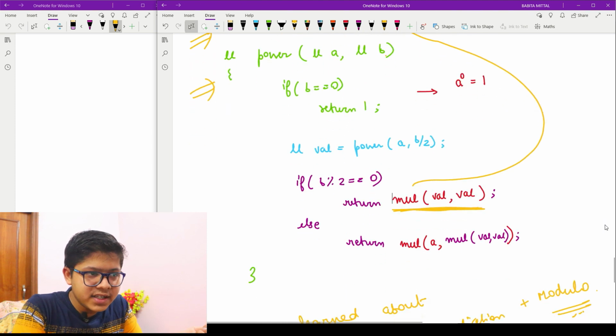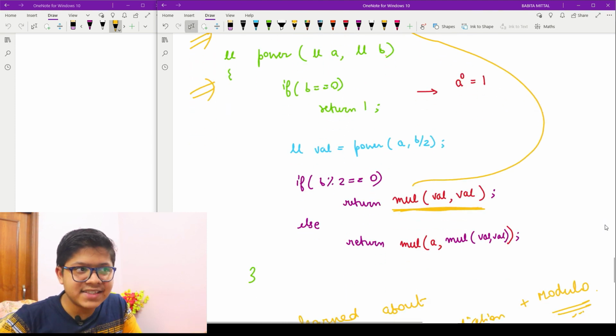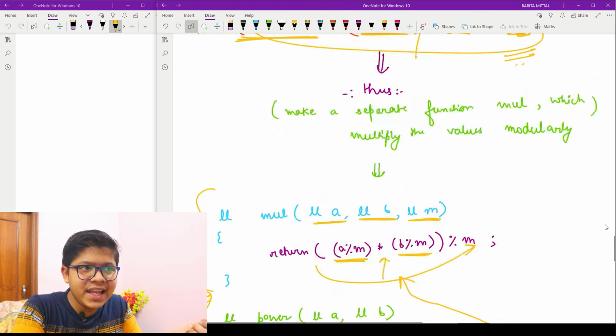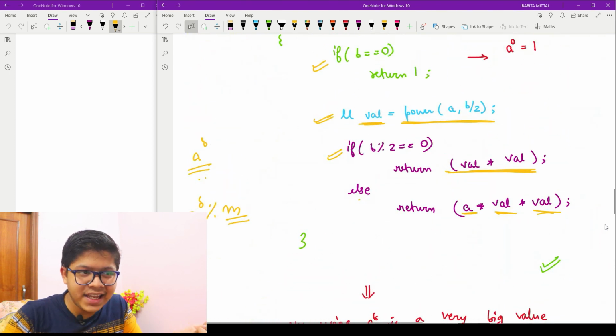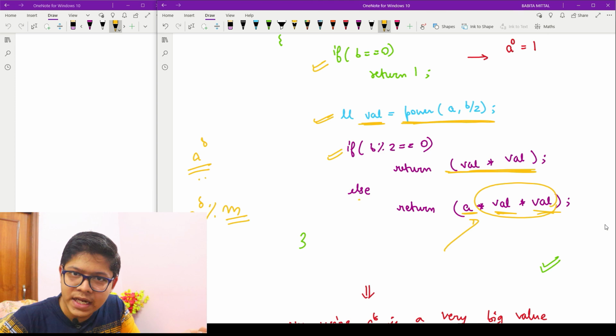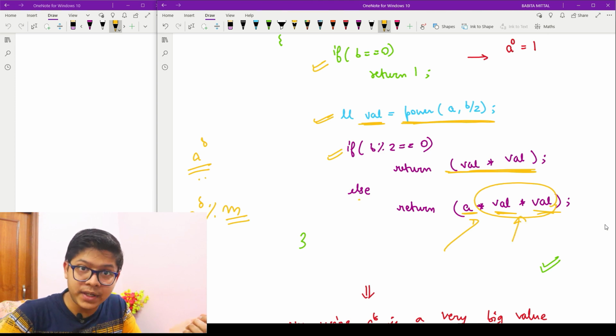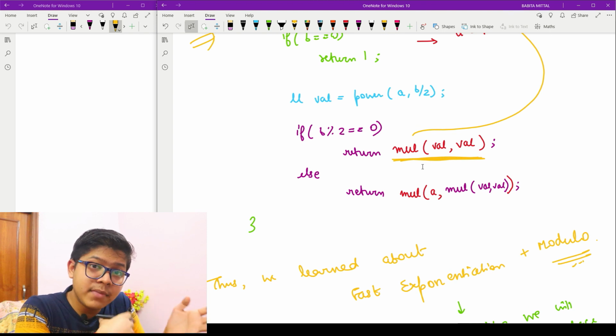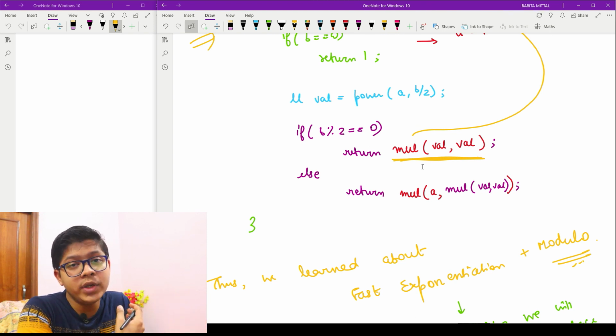As I was multiplying a into val, firstly I will modularly multiply val into val, then the result I obtain, I will modularly multiply a into that result, so I obtain my result by doing modulo.